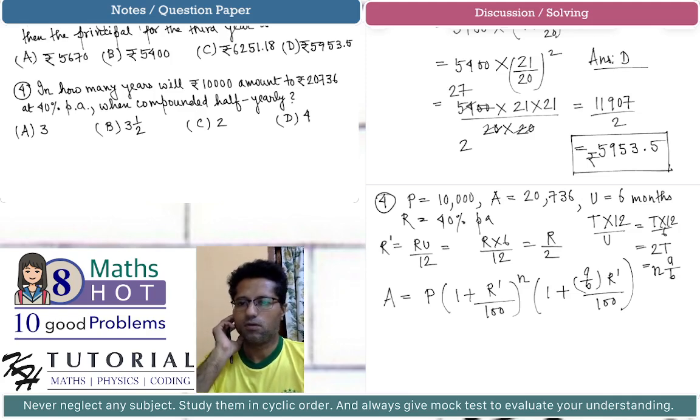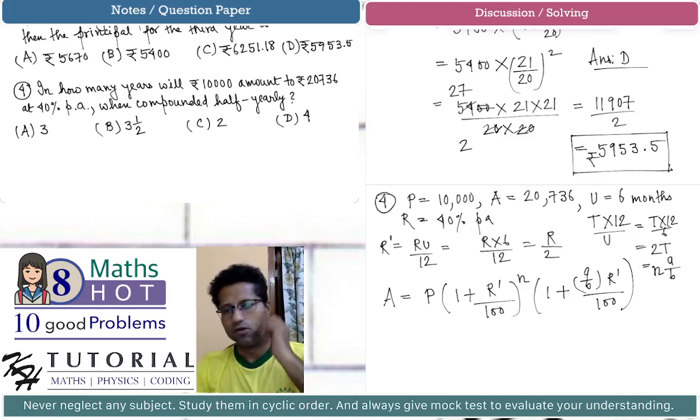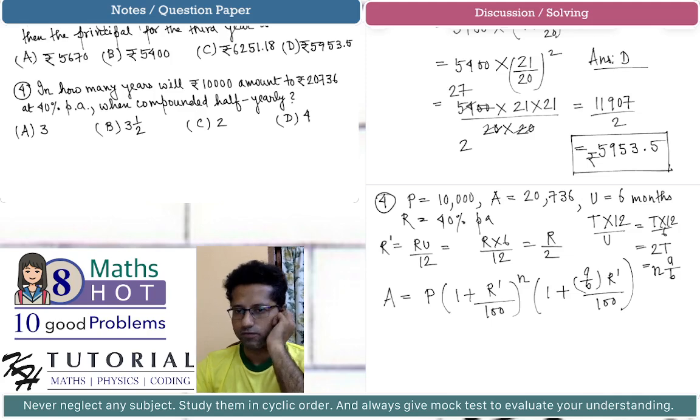Now, from the formula, if you consider the fraction a by b, it will be difficult to evaluate or define the value of small n and a by b.